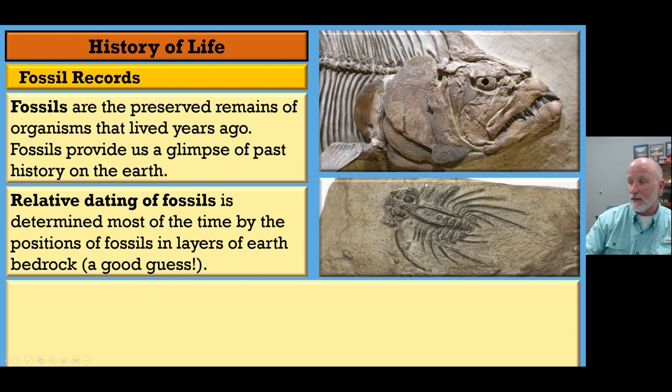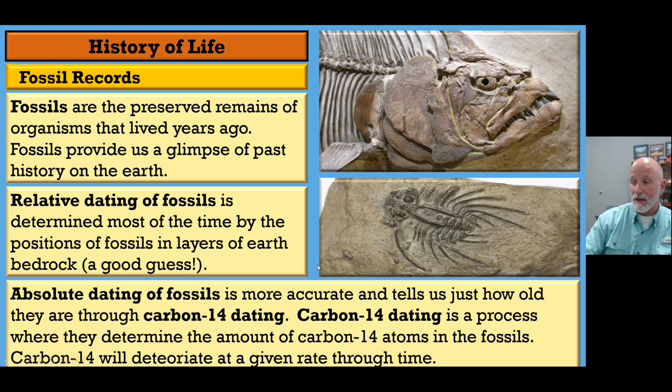We can actually use these fossils to do what we call relative dating. We can find out how old that fish was based on what's in it. Dating is typically done now with carbon dating.